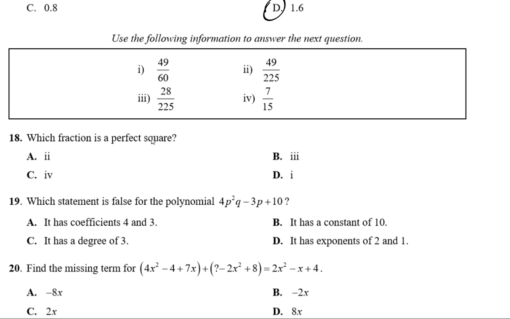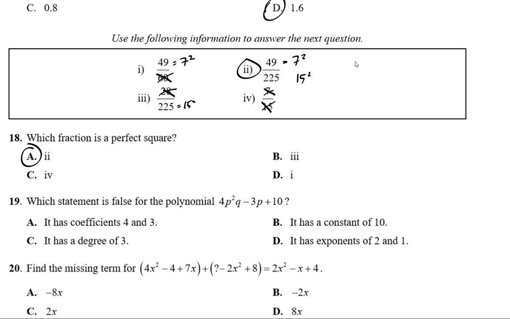Next, which fraction is a perfect square, which means the tops and the bottoms are both perfect squares. So 49, that's 7 squared. 225, that's a perfect square, that's 15 squared. 7 isn't, 15 isn't, 60 isn't, 28 isn't, 225 is still 15 squared. So the only one that has top and bottom that are perfect squares is 2.